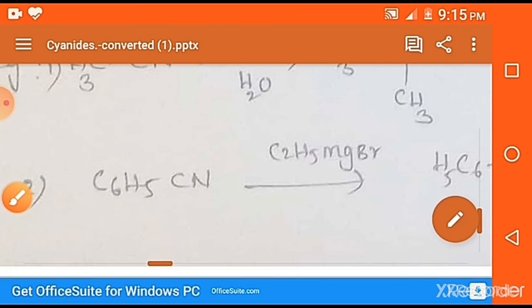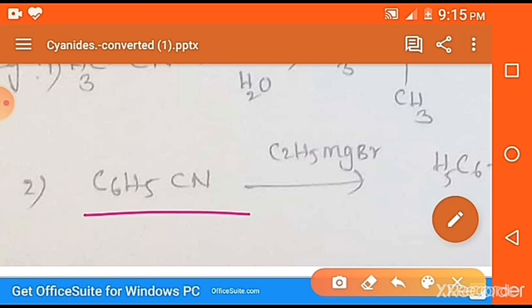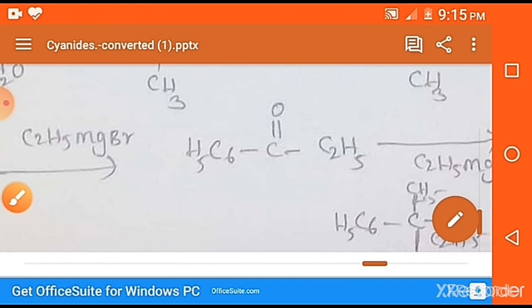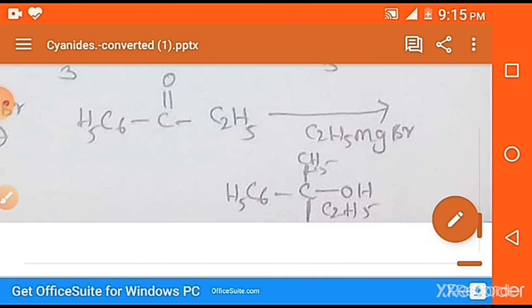Coming to the next, you see one more example. This is benzonitrile. Benzonitrile on reaction with ethyl magnesium bromide gives ethyl phenyl ketone. Okay, phenyl ethyl ketone.